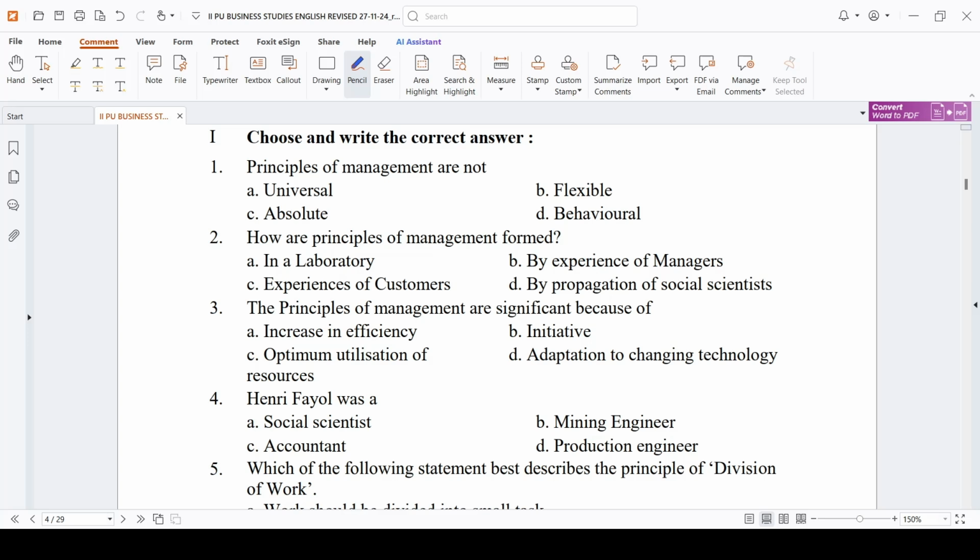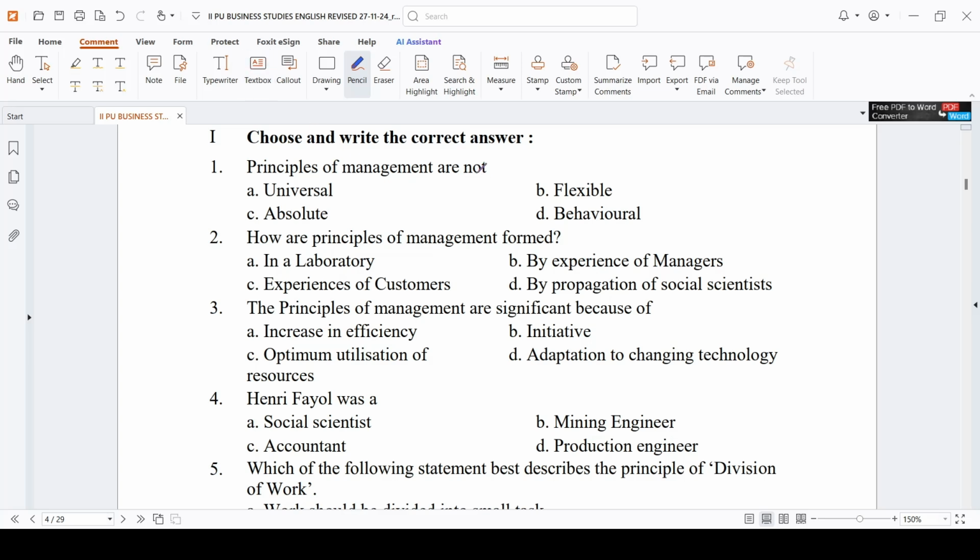These are universally applicable. Everyone applies these principles, because they were formed from the experience of so many managers. Now we'll move on to one more question.